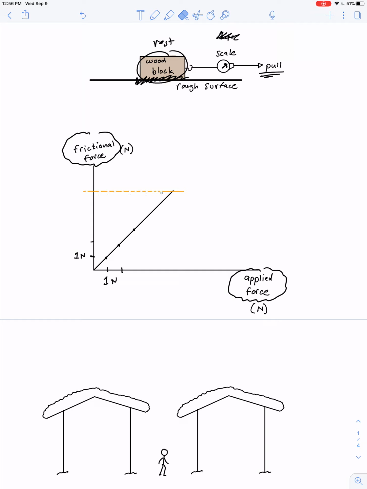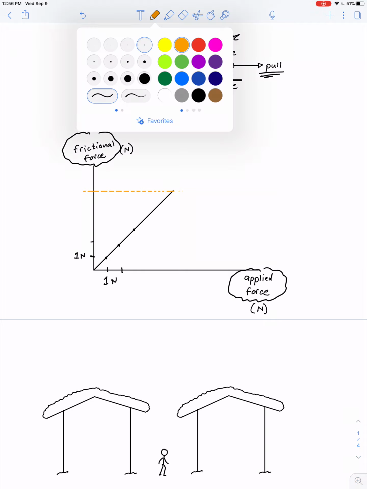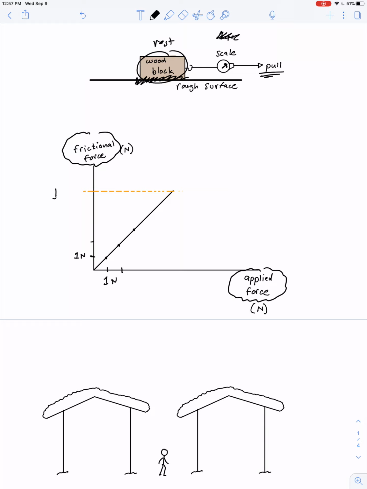So some maximum value is reached. We'll call that F max, lowercase f for friction, maximum value. And then if I continue to apply even more force beyond that threshold for which the maximum friction has been achieved and the block begins to slide, you notice that while it's sliding, the reading in the scale is going to slightly back off from its greatest tipping point.